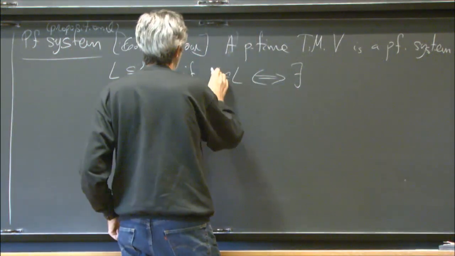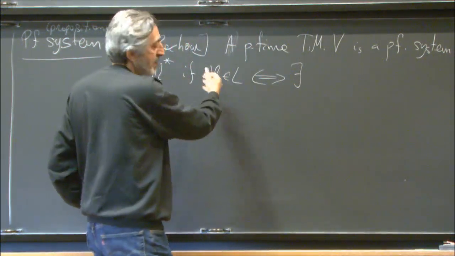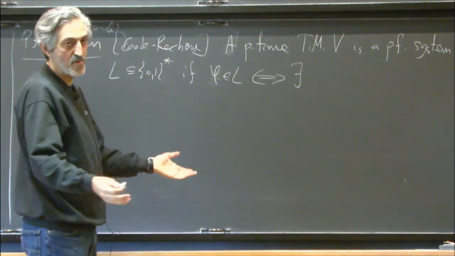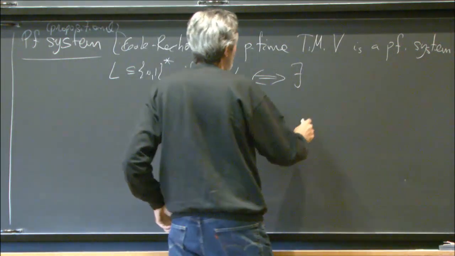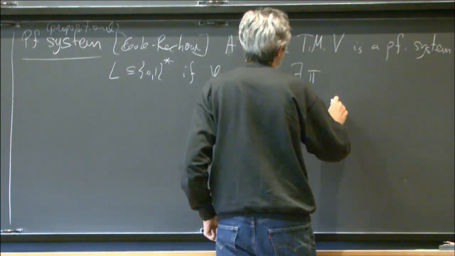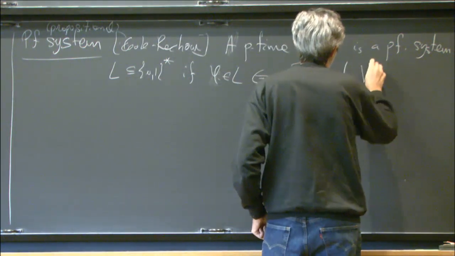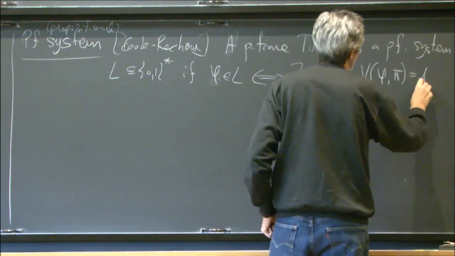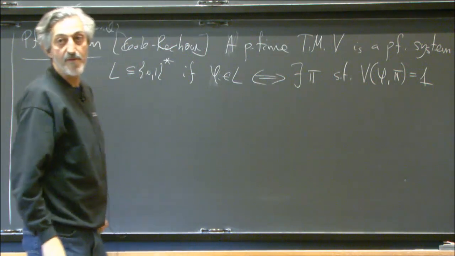Let me call it phi because that's what I called it last time. It's an element in this language, but we will think of it as a formula. x is in L if and only if there exists a pi such that V of phi, pi is 1. And then we think of pi as a proof of phi.